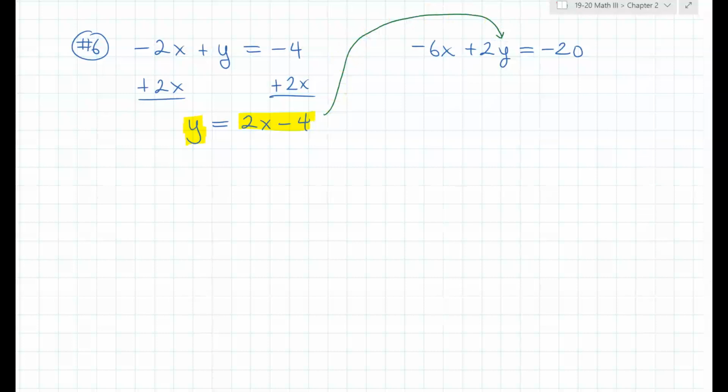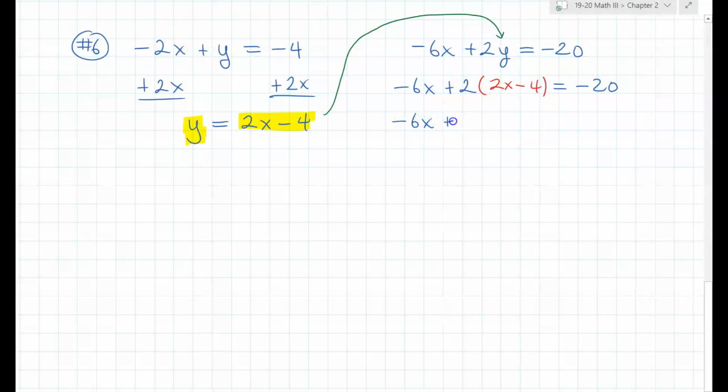So let's plug that in. We get negative 6x plus 2 times 2x minus 4 equals negative 20. Again, I'm using the red to show you where the change occurred. Okay, now let's distribute.